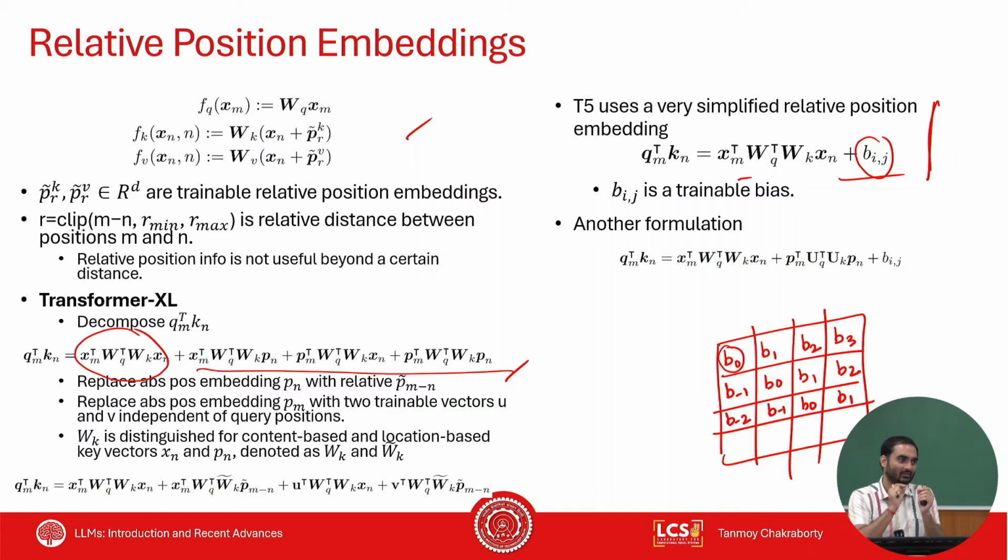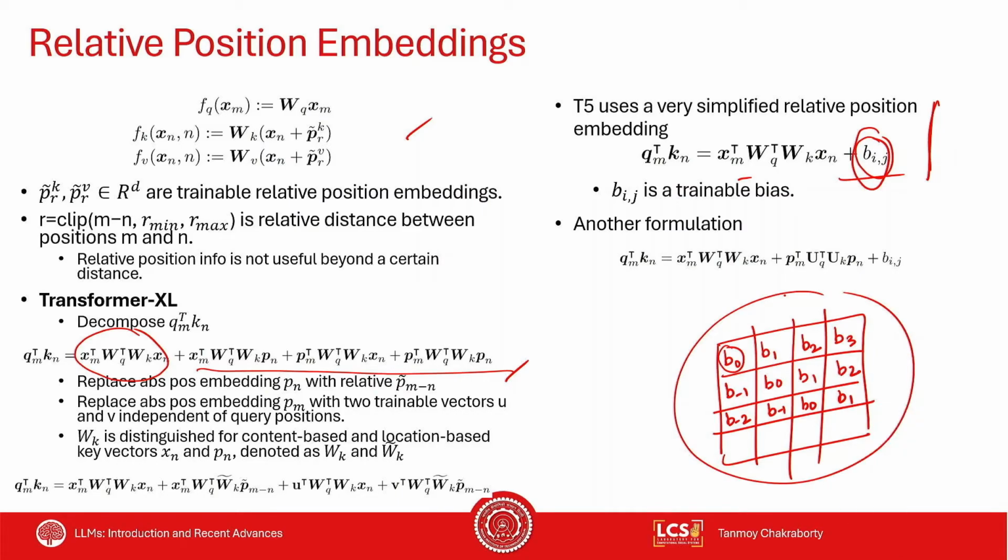What is B2? 3, 5, right? 11, 13. What is B3? 3 words. What is B minus 1? Okay, 2, 1. Therefore, this is Bij. And again, this will be learned, and this will just be added to the query key dot product.